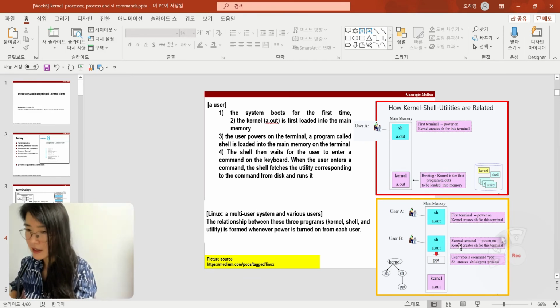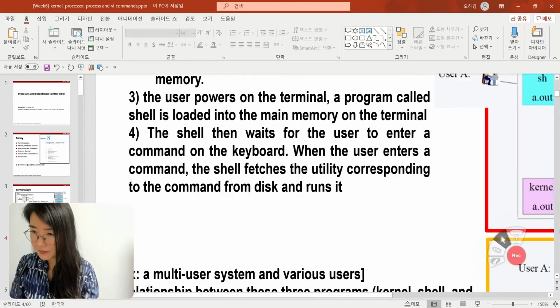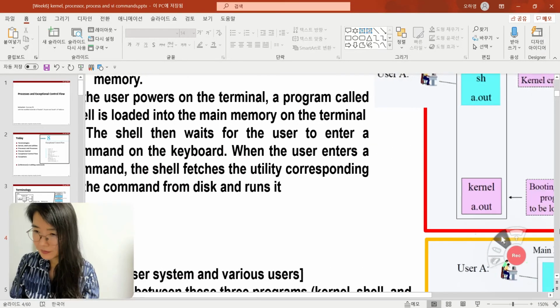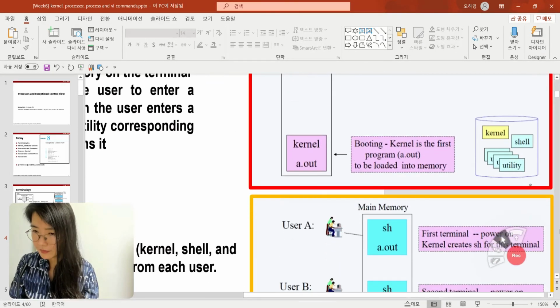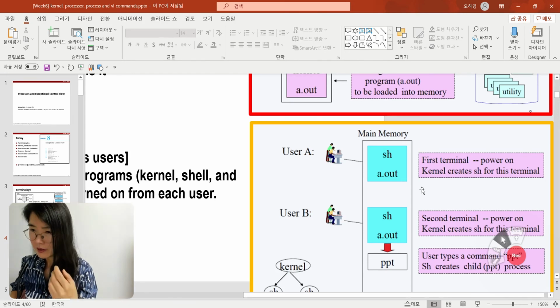All right, so for example, the first terminal powers on, such as the first terminal is PuTTY, right?